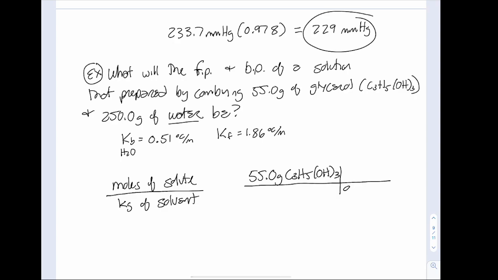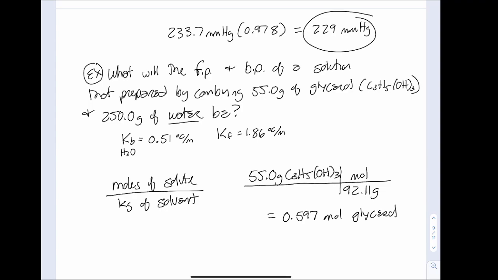So I get my molar mass to come out to 92.11 grams per mole. So when we divide that out, I have 0.597 moles of glycerol.